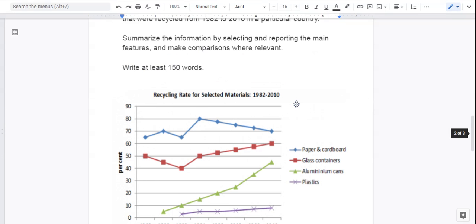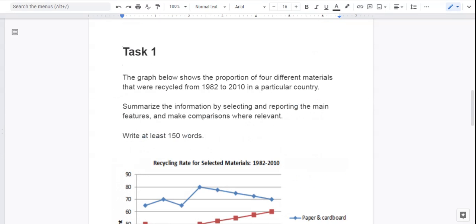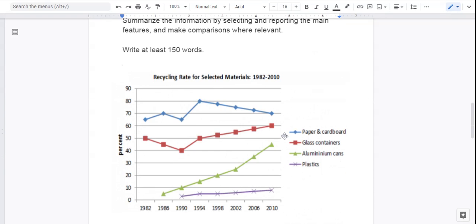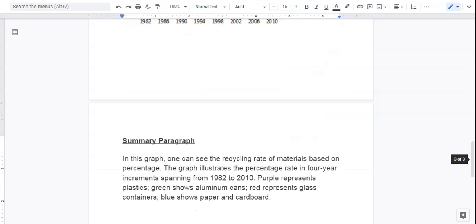Now, I think it said of a given country, in a particular country, one can see the recycling rate of materials based on percentage.